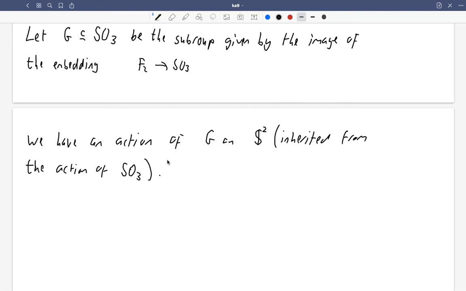Now, as you probably know, and you can almost certainly visualize even if you don't know it, whenever you have a rotation of the sphere, it has two fixed points, because any rotation has an axis, and the rotation properly moves every point on the sphere apart from the place where the axis intersects the surface of the sphere.